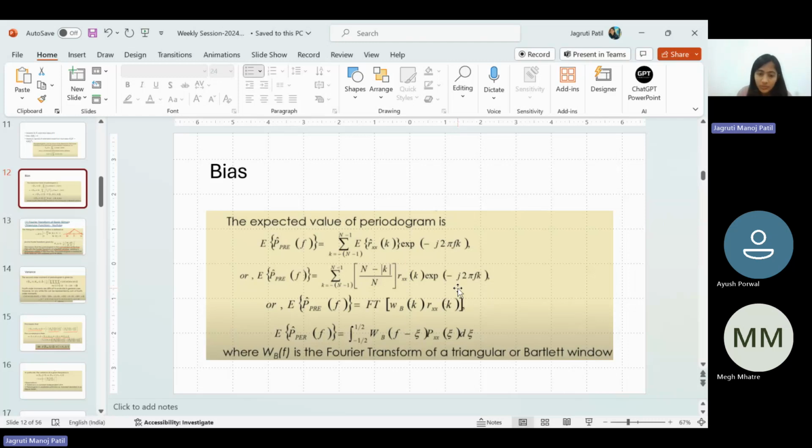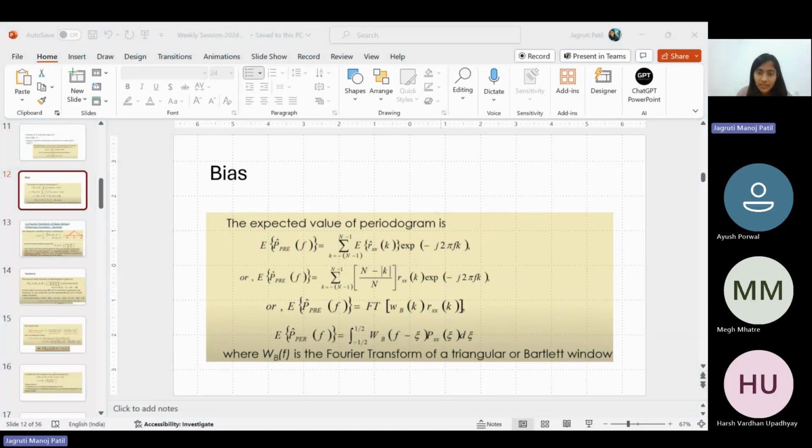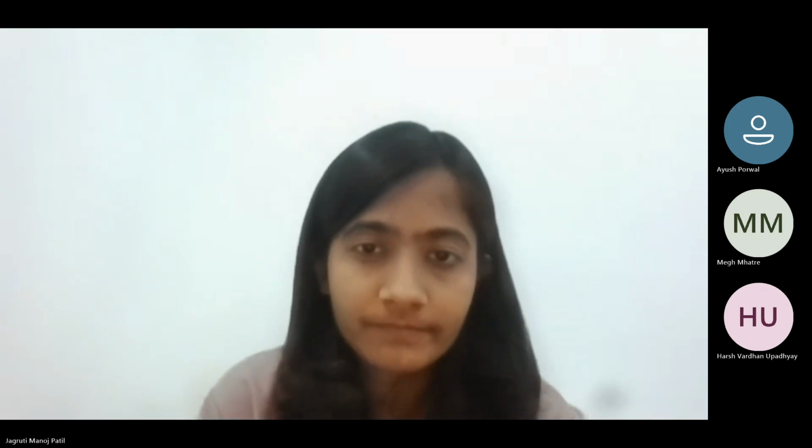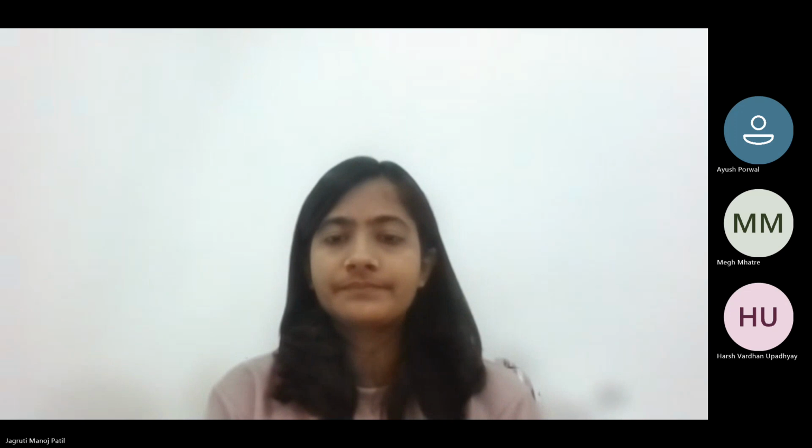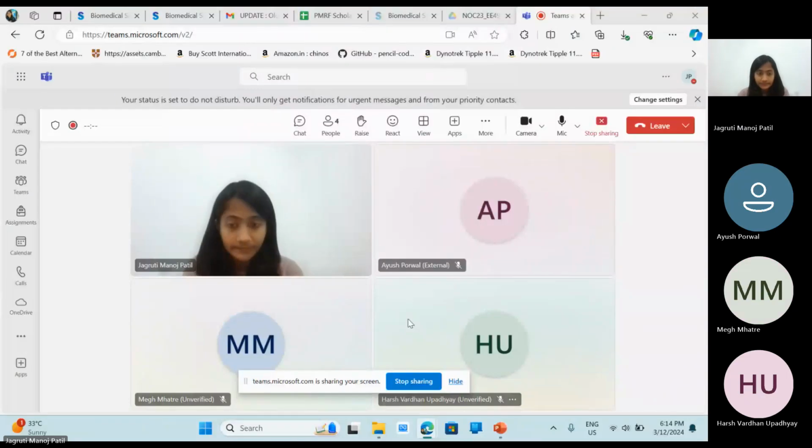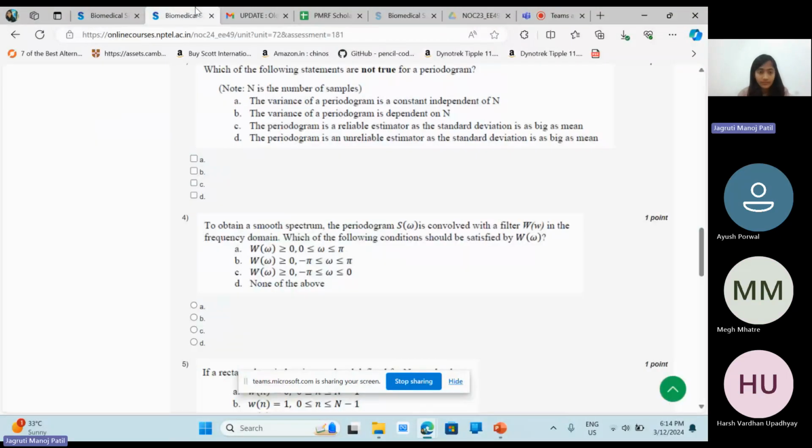So what the question here was, wait, let me share my screen. The question here: to obtain a smooth spectrum when this is convolved with this in the frequency domain, which of the following conditions should be satisfied?